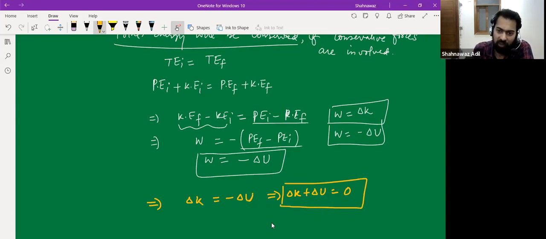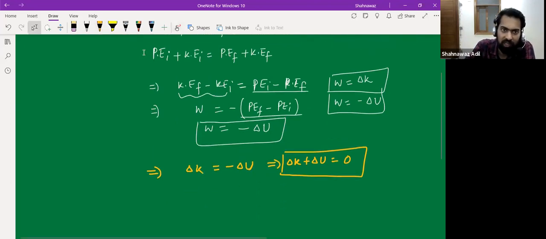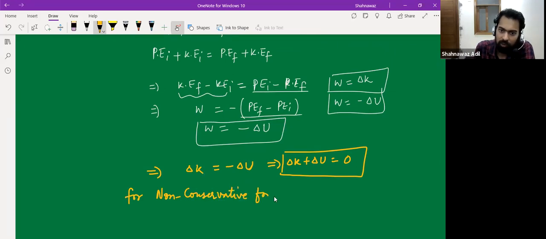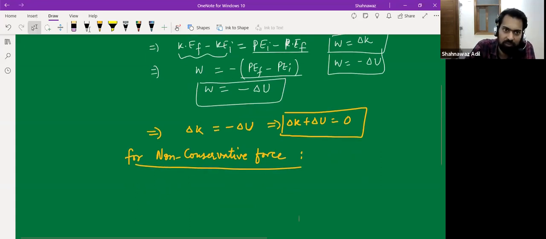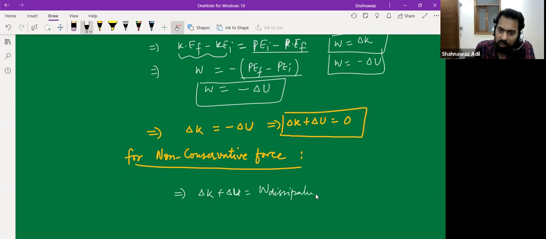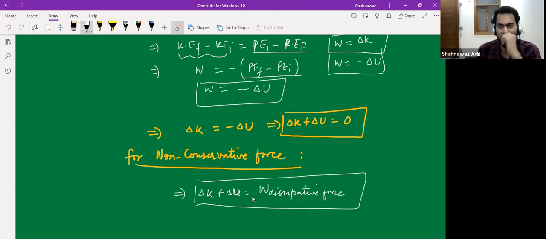And let's say if we have some non-conservative force, we will have delta K plus delta U equal to the work done by the dissipative force. So this will not be equal to 0.